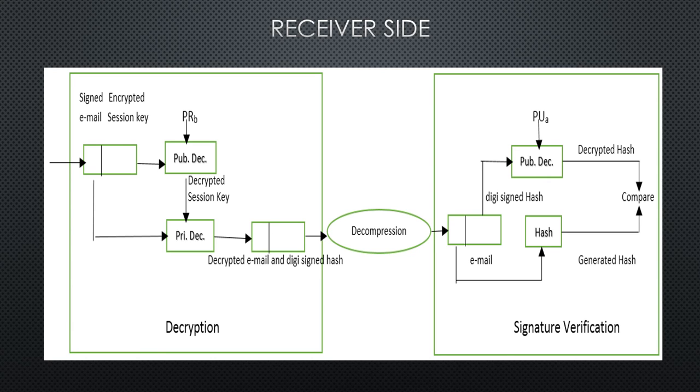Inputs to RSA algorithm are digitally signed hash and public key of sender, and output from RSA is decrypted hash. Compare the decrypted hash and generated hash. If they turn out to be the same, then authentication is achieved, which means that the message was definitely sent by original sender. This is called digital signature verification process.